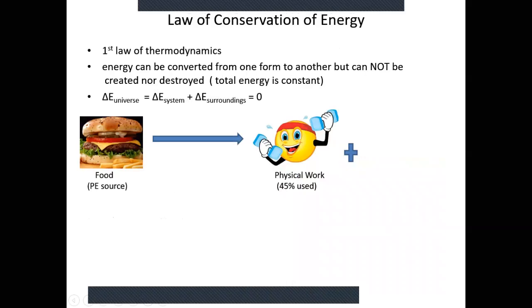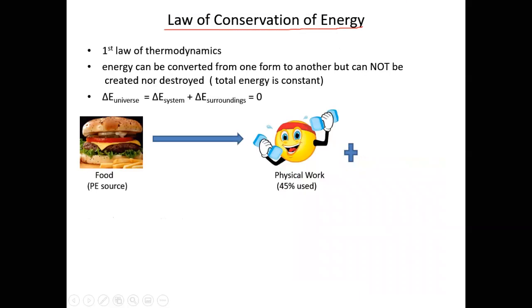So that brings us, when we talk about work and energy, we've got to talk about the first law of thermodynamics, which is the law of conservation of energy. And so, as we stated, we can convert energy from one form to another.